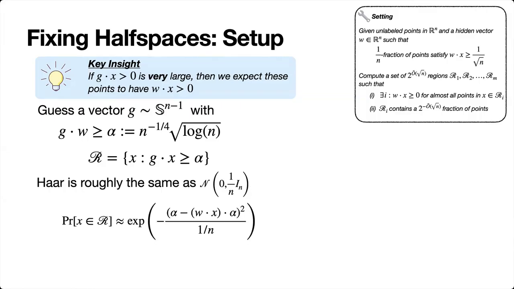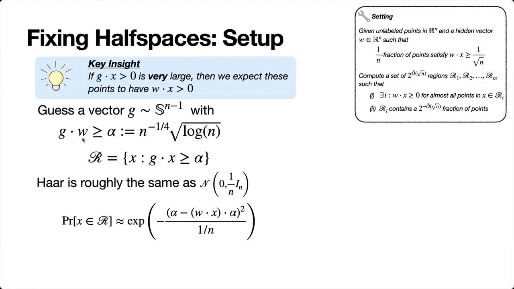And what's the probability that a point lies in the region? Well, I expect the variance to be about 1 over n, because it's a unit vector x, and so its variance should be 1 over n. And now, the chance that you lie in the region, you have to be at least alpha. And notably, this isn't going to be a mean zero variable, so we're going to have to subtract off the mean. And in particular, there's going to be a contribution from the mean from the component along the direction of w, right?